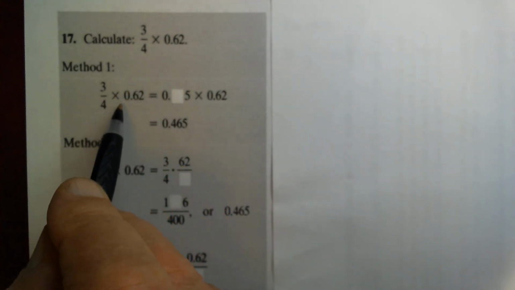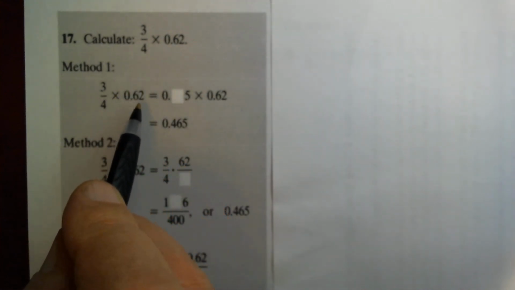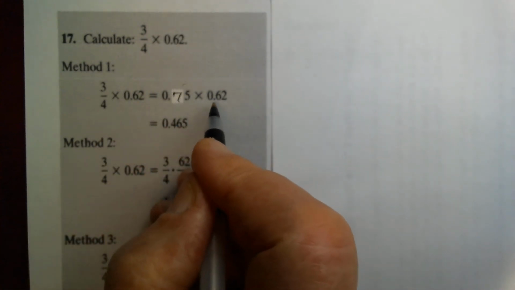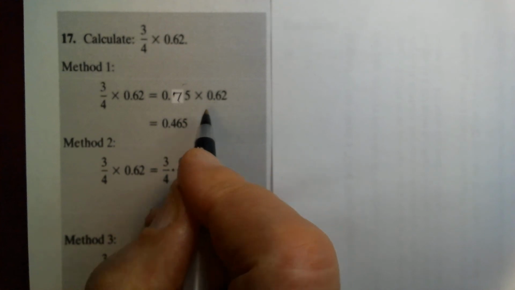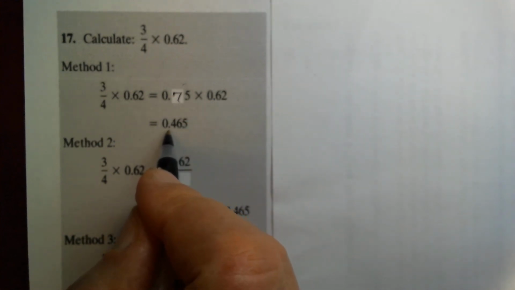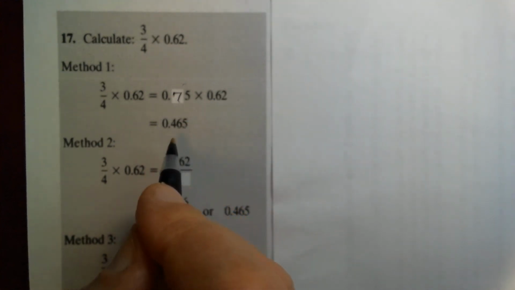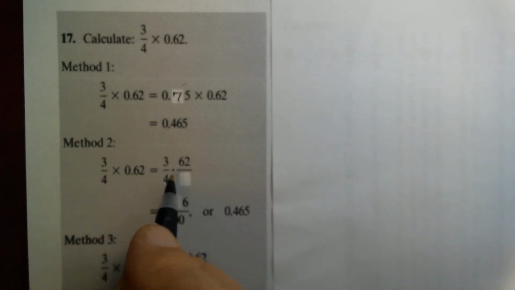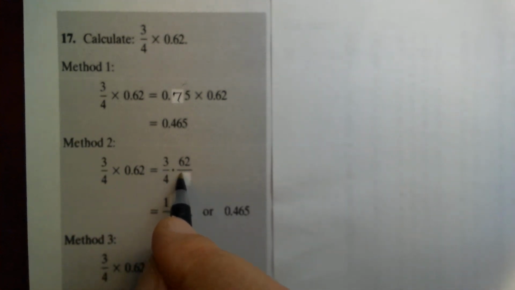Well, 3/4 is 0.75, and multiplying that by 0.62 will give us 0.465. That's one way.